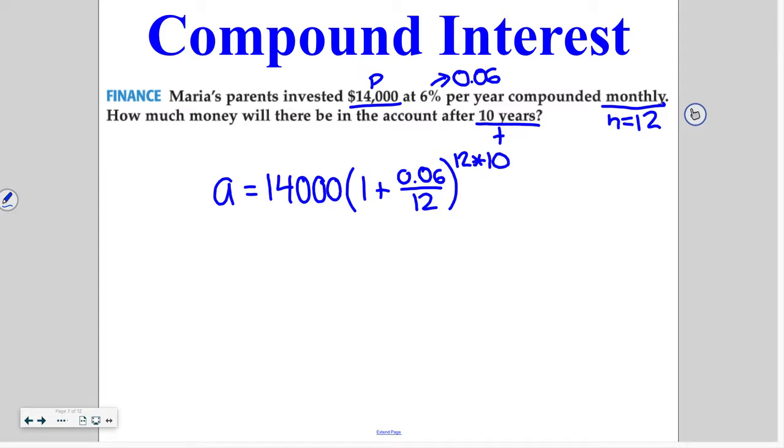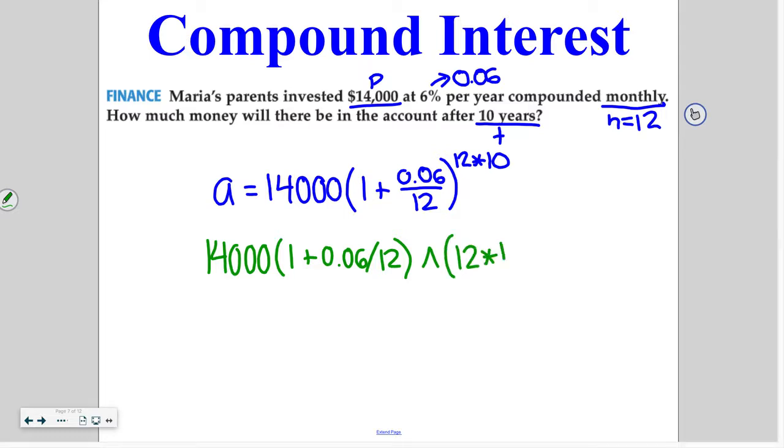When you put this into the calculator, you must be careful that you include the proper amount of parentheses. So in the calculator, you would type 14,000, parentheses, 1 plus 0.06 divided by 12. Close those parentheses. Caret, and then you need 12 times 10 in parentheses again.